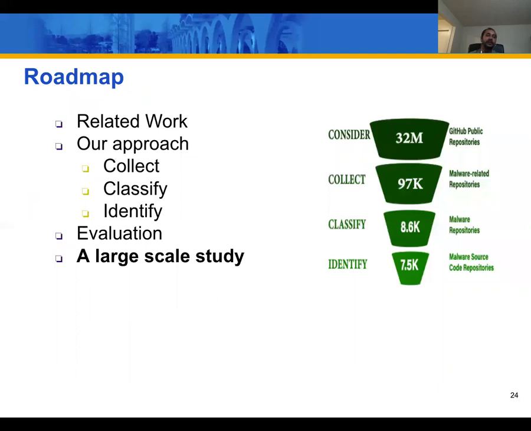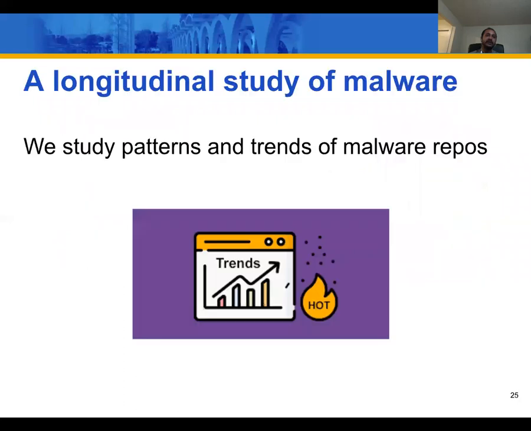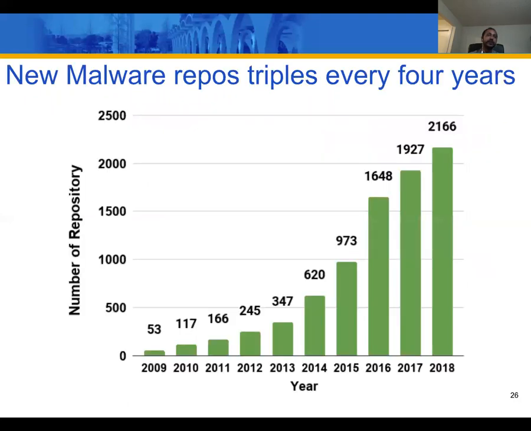Later, we have done a large scale study on these malware source code repositories, and we studied the patterns and trends of these malware repositories. We have plotted the number of new malware repositories that are found in each year, and we found that it triples every 4 years.